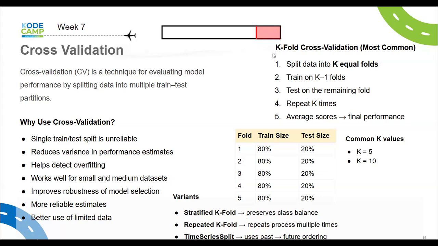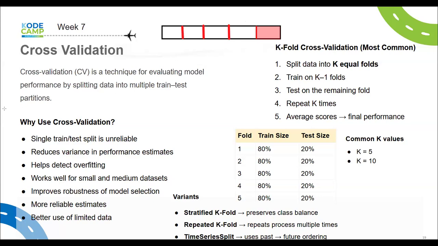So with K-fold, instead of just doing a simple 80-20 split, you divide this into 5 equal sections or batches. Then you use each of the 5 sections as the test part, and you use the remaining 4 for training.